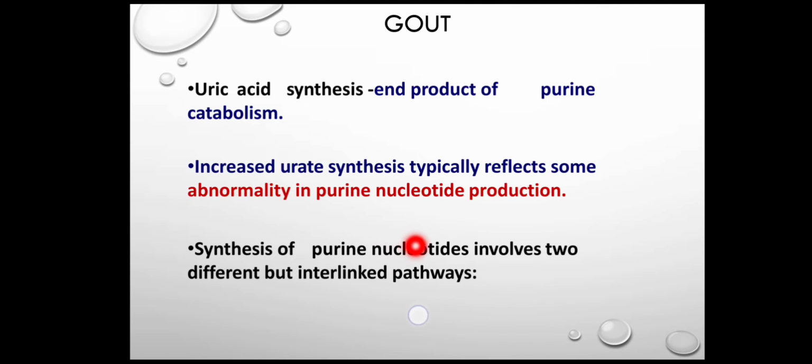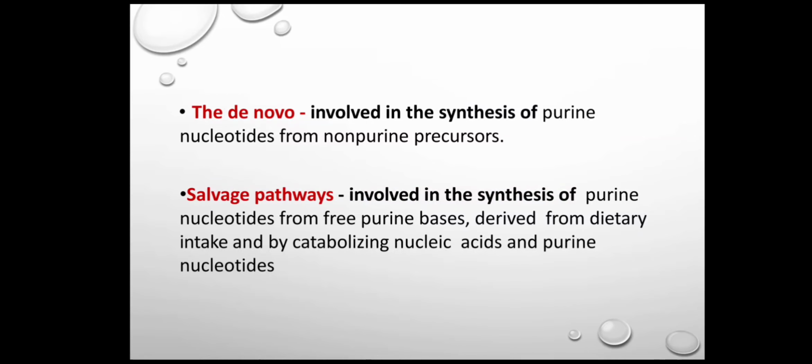The synthesis of purine nucleotides has two interlinked pathways. One is the salvage pathway and another is the de novo pathway. De novo means purine is synthesized from non-purine precursors. Salvage pathway is whatever purines we take from the diet, that is from dietary intake or free purine bases available in our body, all of which will be utilized for the synthesis of purine nucleotides.